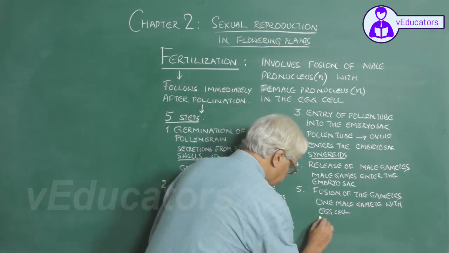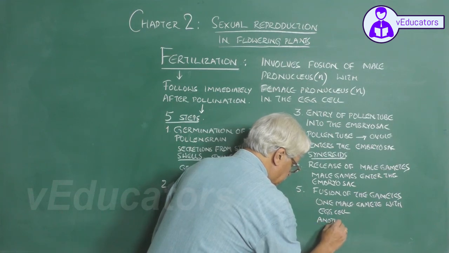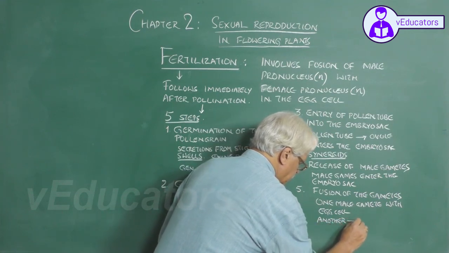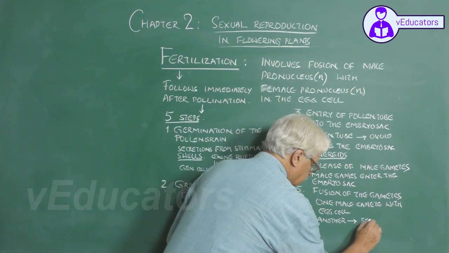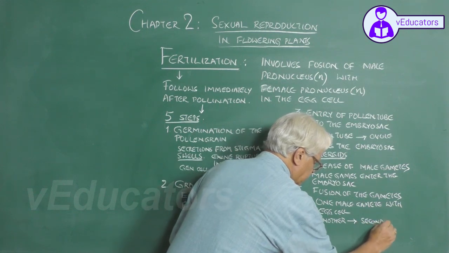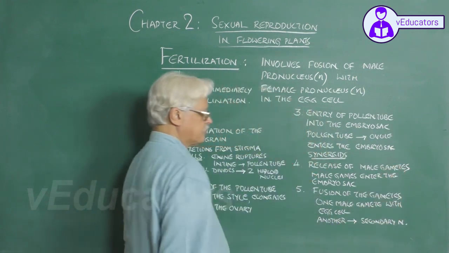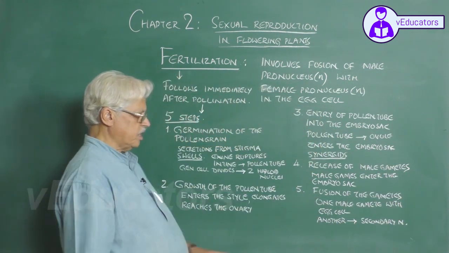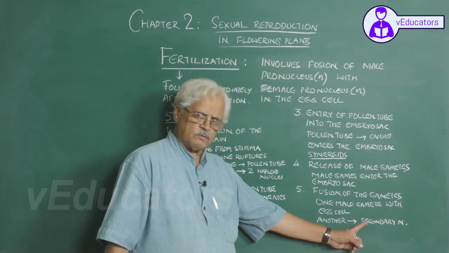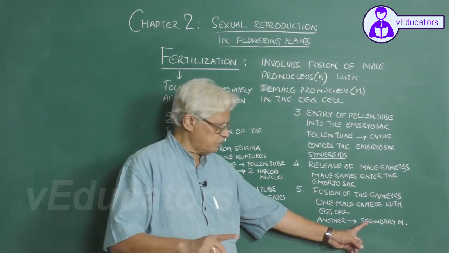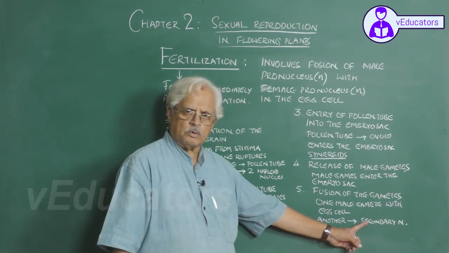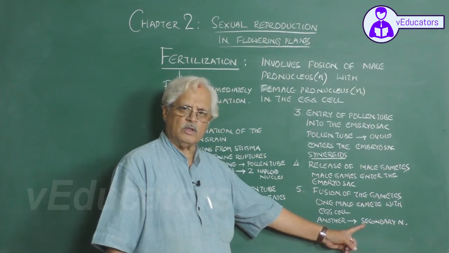Another male gamete fuses with the secondary nucleus. Remember, secondary nucleus is formed by the fusion of two haploid nuclei called primary nuclei.